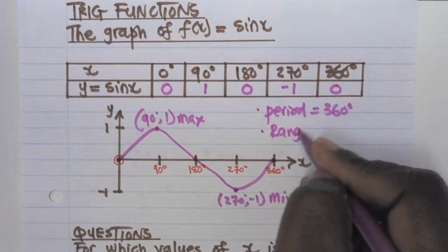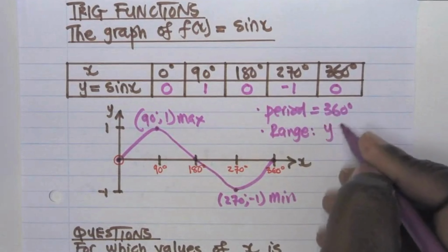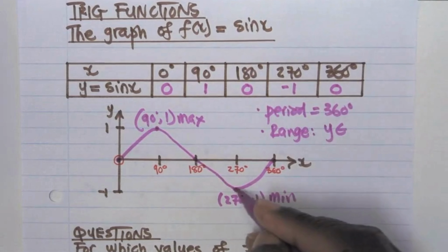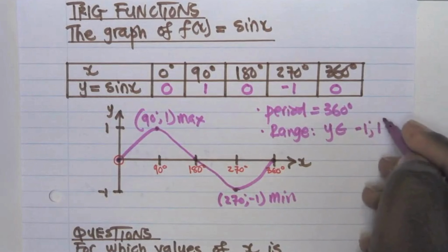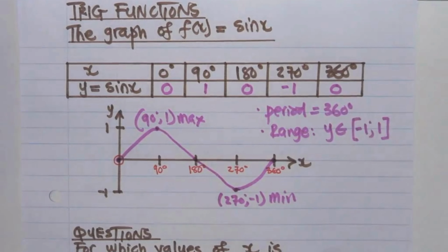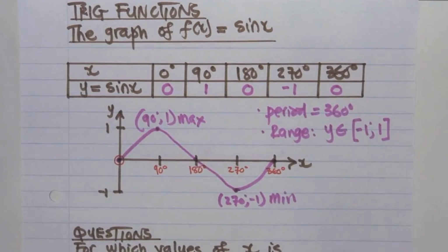I can also see that the range of the graph is from -1 up to +1. And I'm going to write this using the interval notation. I can also calculate the amplitude.